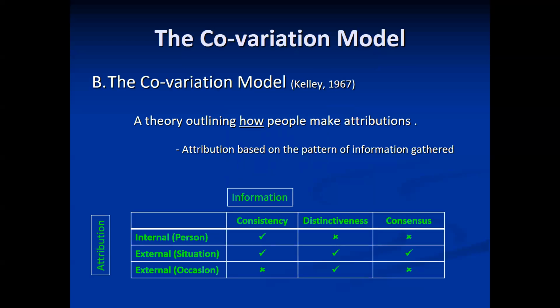According to the model, once a person has gathered consistency, distinctiveness, and consensus information, the attribution that he or she arrives at is determined by the pattern of the information gathered. If the observed behavior has consistency, but doesn't have distinctiveness or consensus, then an internal attribution will be made.